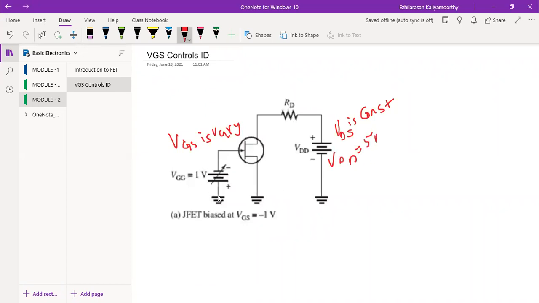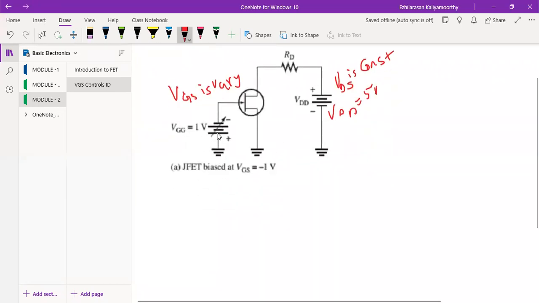Now here, you can apply VGS equal to either plus voltage or minus voltage. It is greater than 0 or less than 0. That will be your drain resistance. Now I will show the transfer characteristics, how it will be.